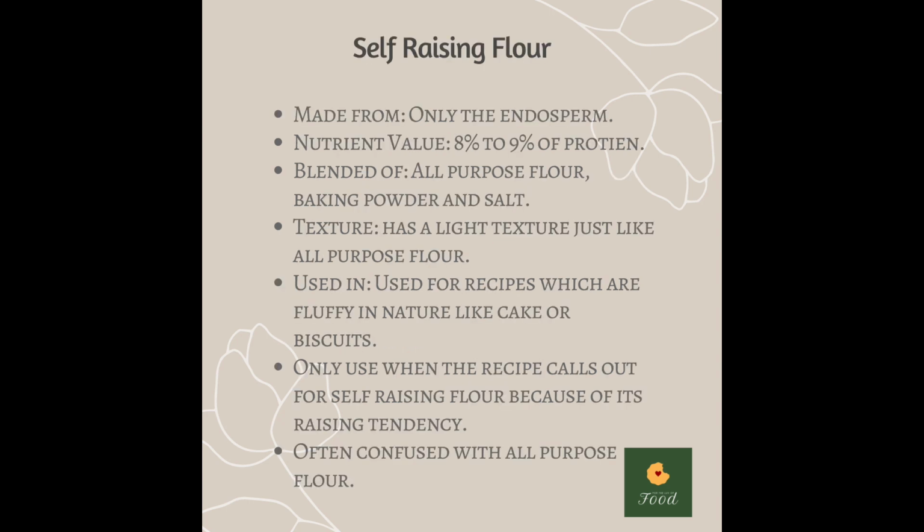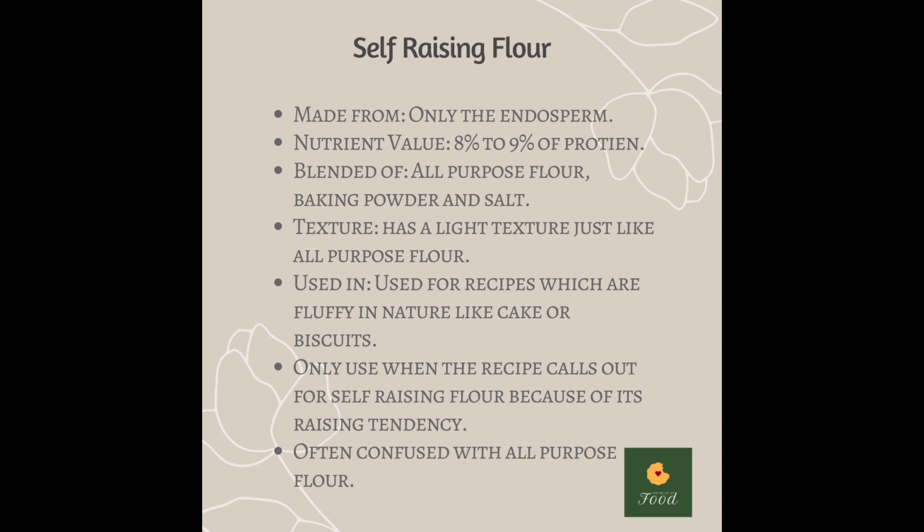Moving ahead is the self-rising flour. Self-rising flour is often confused with all-purpose flour. It is made by adding baking powder and salt to the all-purpose flour. As the name suggests, it's used to make things which will rise, like cakes or biscuits you want to make fluffier.